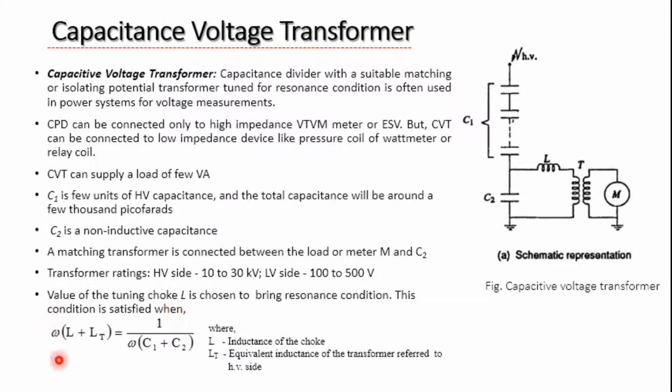This condition becomes omega into (L plus LT) equal to 1 by omega (C1 plus C2), where L is the inductance of the choke coil and LT is the equivalent inductance of the transformer referred to the high voltage side.